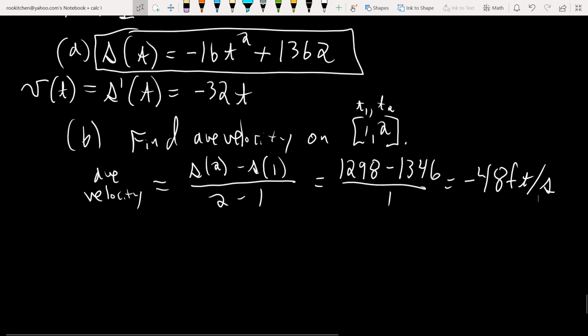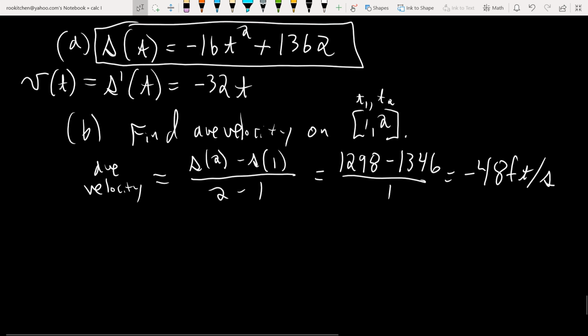Find the instantaneous velocities at t equals 1 and t equals 2.